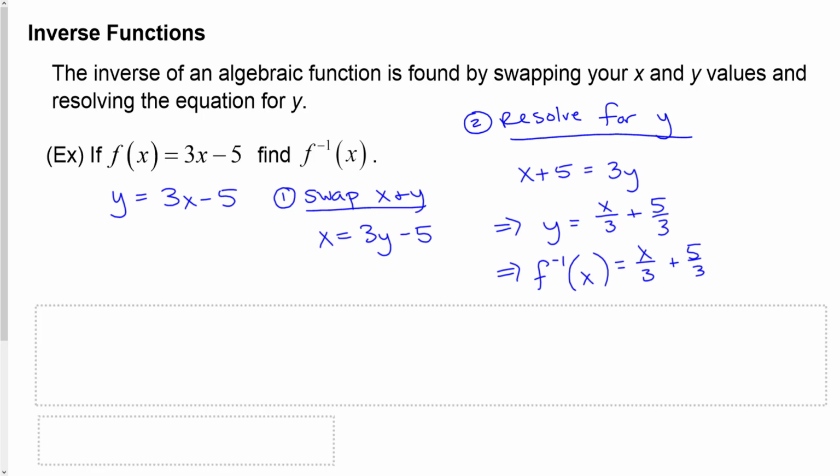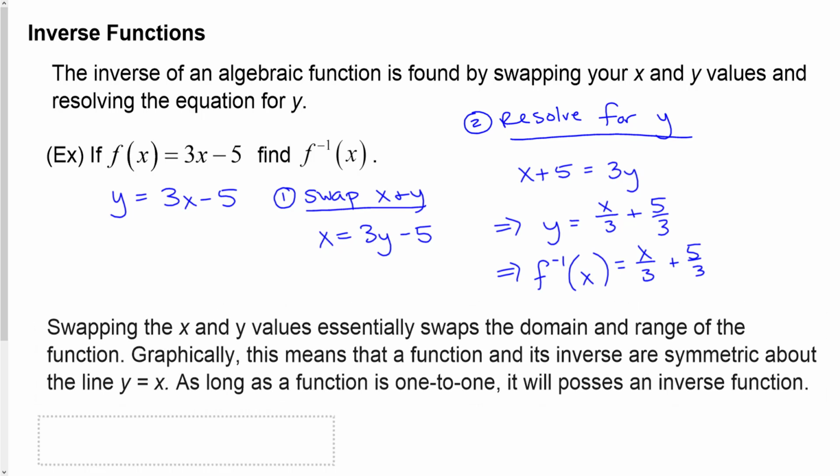But that's okay, we have a means to work with them. Swapping the x and y values essentially swaps the domain and range of the function. And this happens in algebraic functions and in non-algebraic functions. But graphically, this means that a function and its inverse are symmetric about the line y equals x. And as long as a function is one-to-one, it will possess an inverse function.